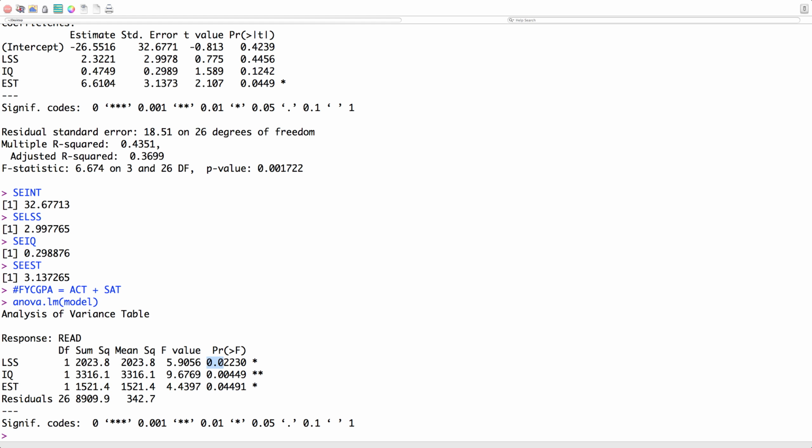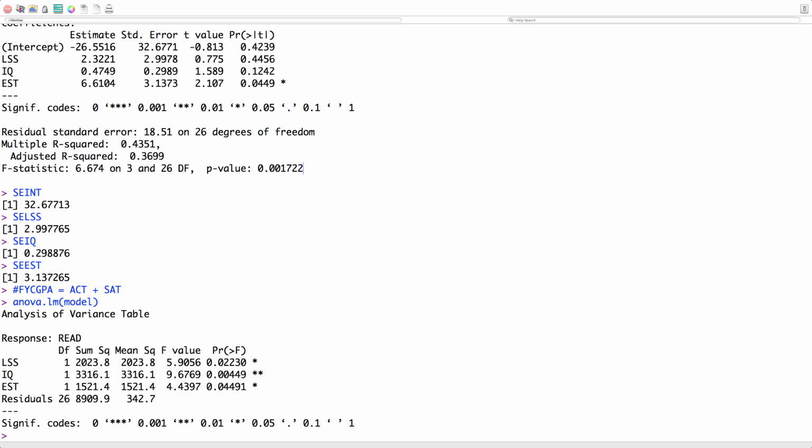And when you come out here and look at the p-values, you're going to see statistical significance, statistical significance, statistical significance. Yet up here, you're going to see not statistically significant, not statistically significant, and statistically significant. All right, gang, here's what happens.